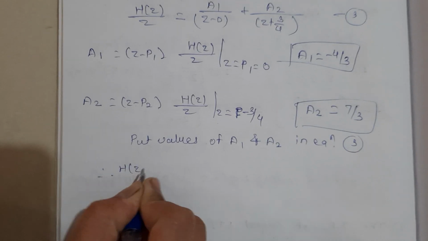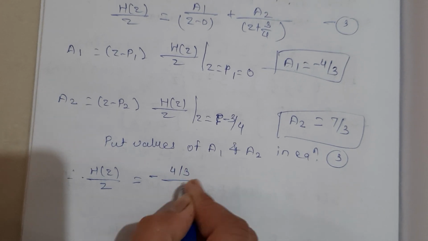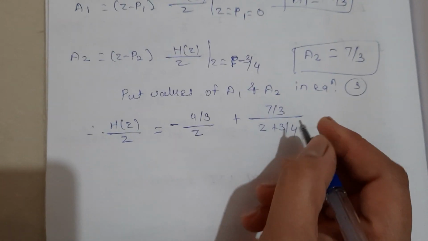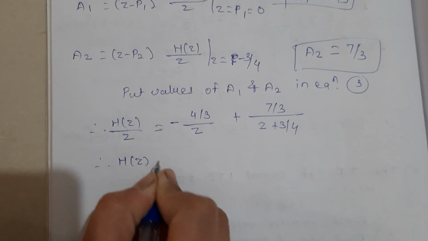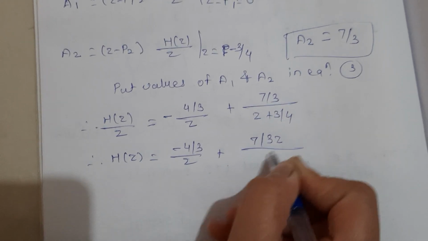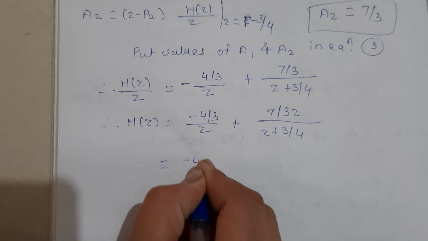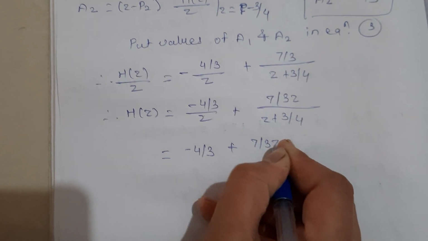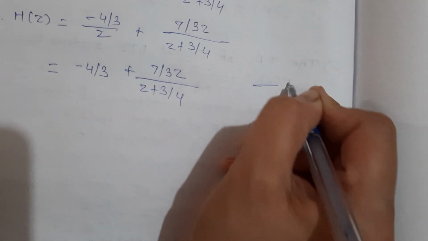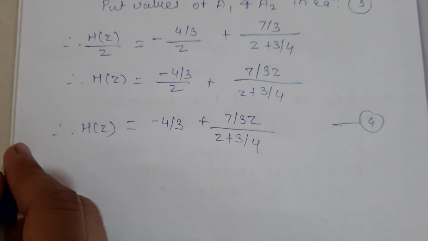So H(z)/z is equal to (-4/3)/z + (7/3)/(z + 3/4). Therefore H(z) is equal to -4/3 + (7/3) z/(z + 3/4). Now this is equation 4. This is H(z). So the system is causal.